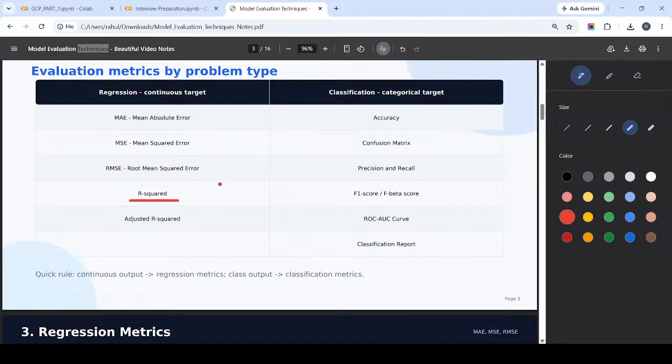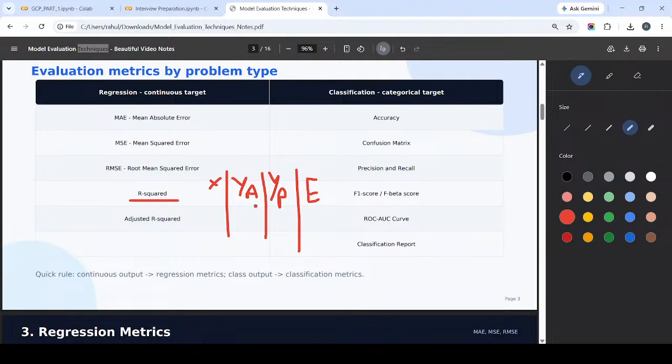For example, suppose you have explanatory variable x, then y actual, and then y predicted, and in the last we have error, that is the difference between y actual minus y predicted. R squared is the measure of variance explained by the model.